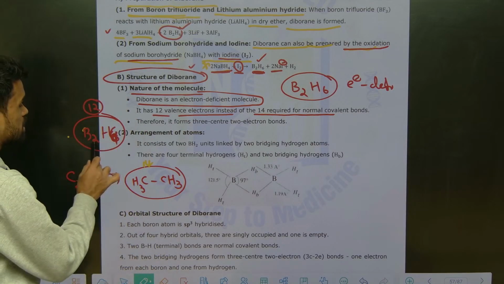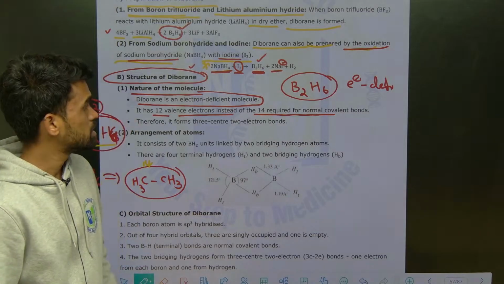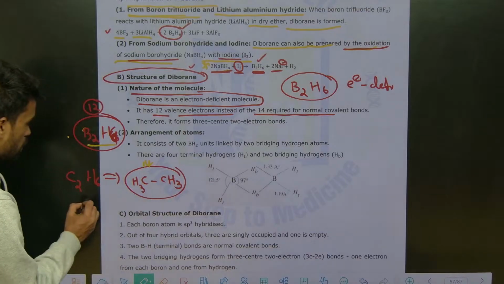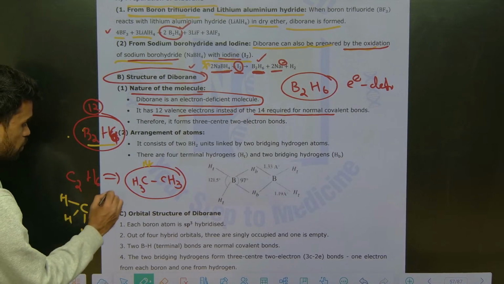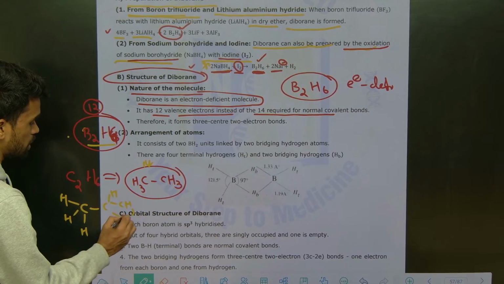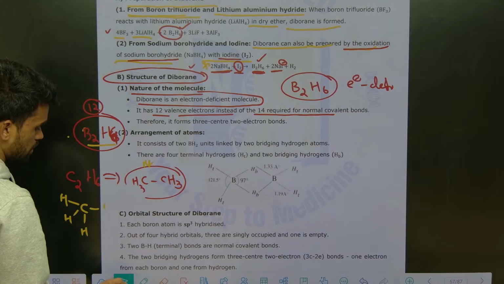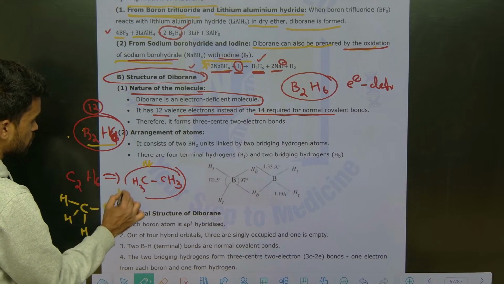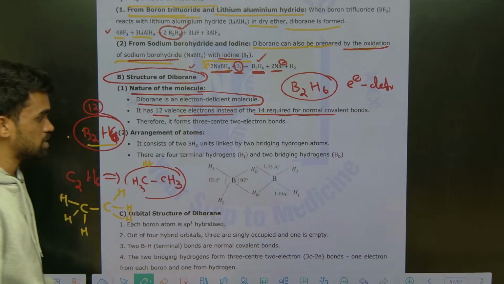So that's why we are saying B2H6 is an electron deficient compound. With the ethane molecule, we have carbon, hydrogen, carbon, hydrogen, with normal bonds. But if you observe B2H6, this is not the scenario, the structure will be somewhat different.